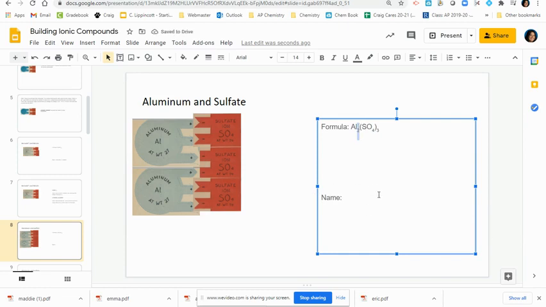You need to get used to using those so that things are properly formatted. And then the name of this one is aluminum. And since this doesn't have an asterisk up here, I'm just going to go ahead and name my polyatomic ion. And there is my sulfate. So that is how we do that one.